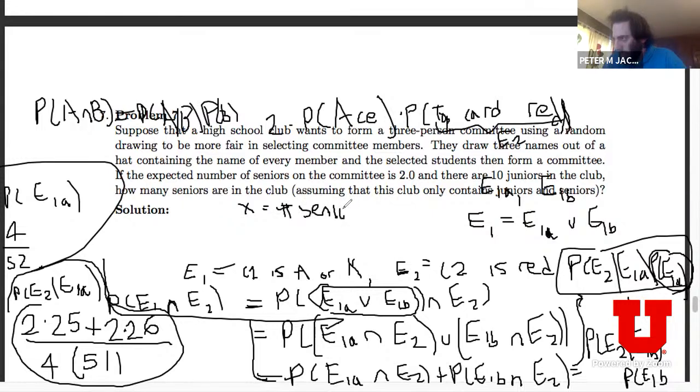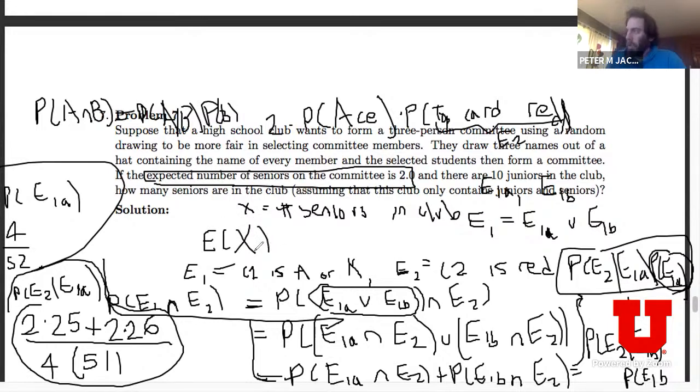The first thing you should do is compute the expected value, given that there are 10 juniors in the club and X seniors in the club, and then equate that to 2. Then solve for X.